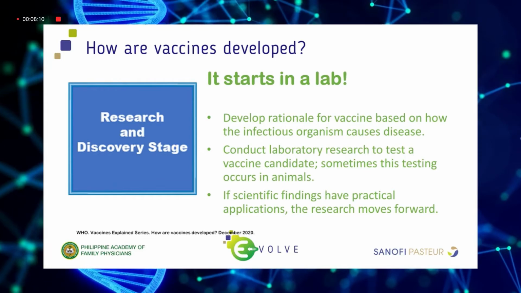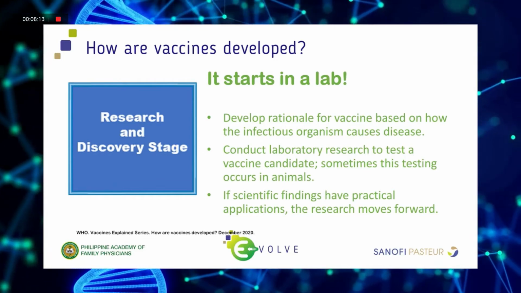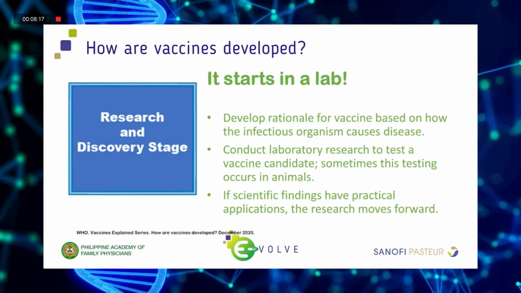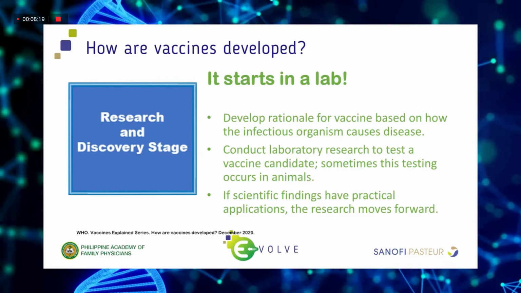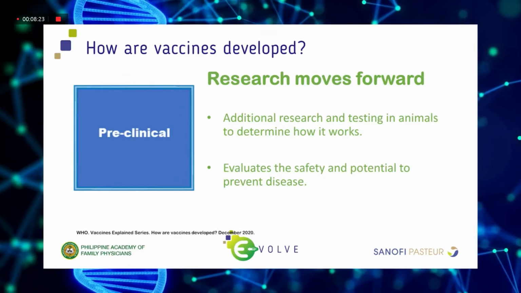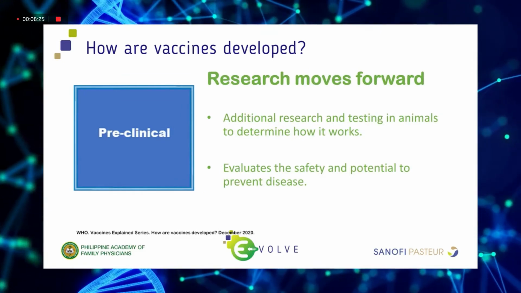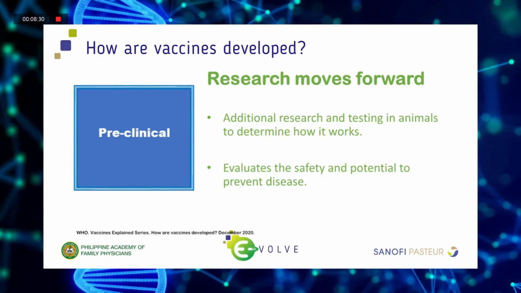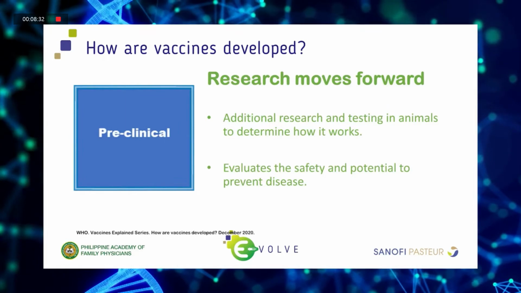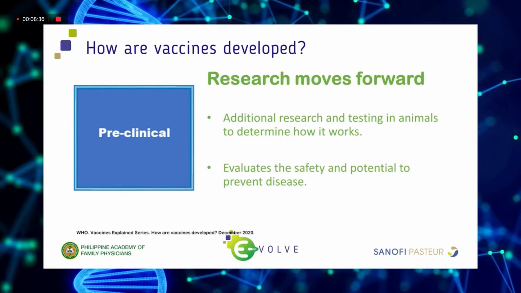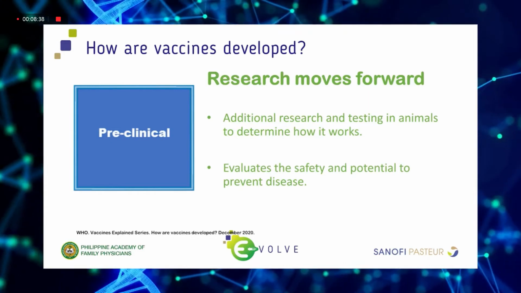Each vaccine under development must first undergo screenings and evaluations to determine which antigen should be used to invoke an immune response. Before a vaccine can be tested in people, researchers perform additional laboratory research and testing in animals to obtain information about how the vaccine works and whether it's likely to be safe and work well in humans.